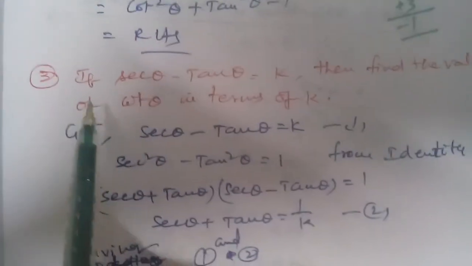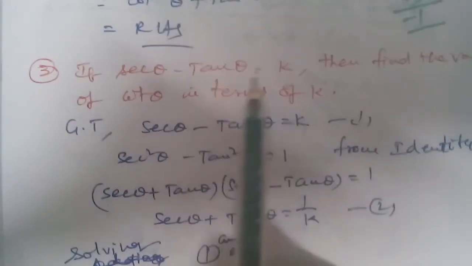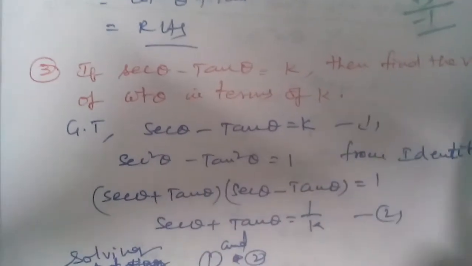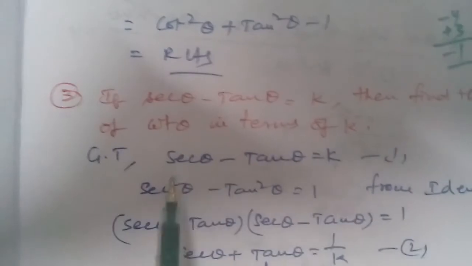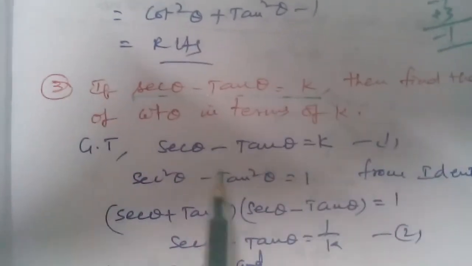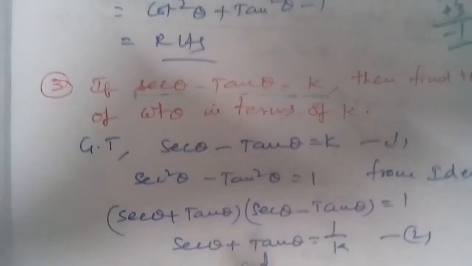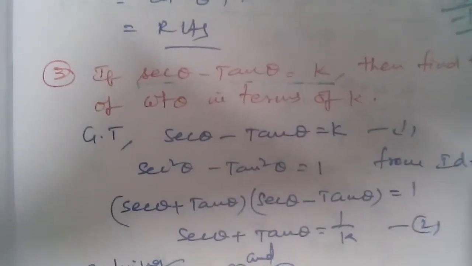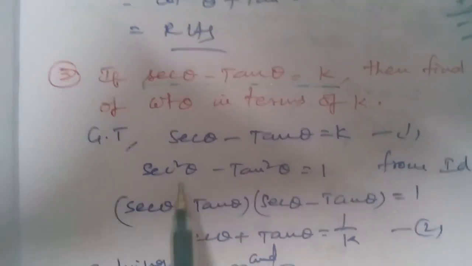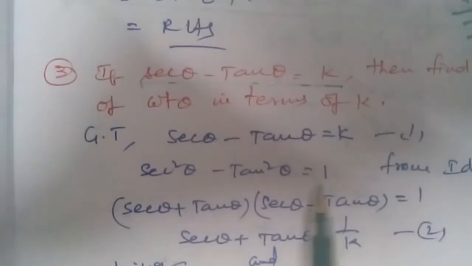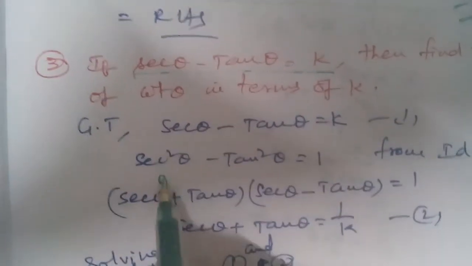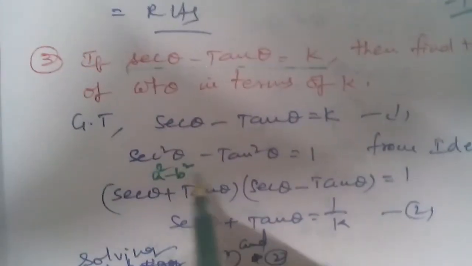And the third question: if secant theta minus tan theta is equal to k, then find the value of cot theta in terms of k. So given value, secant theta minus tan theta is equal to k, which is equation 1. We have already known identity 2, secant square theta minus tan square theta is equal to 1, which is in the form of a square minus b square.